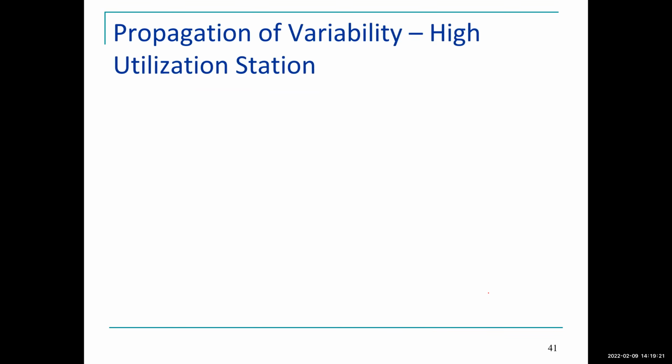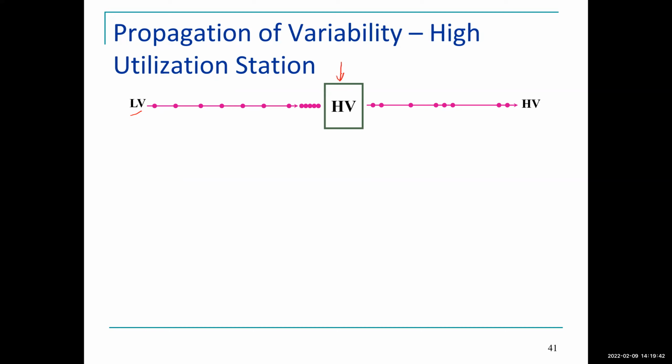So let's look at the propagation of variability for a high utilization station. Basically, what these pictures are trying to illustrate is the impact of having a low variability in the arrival process and a high variability in the process itself. So we have that combination.